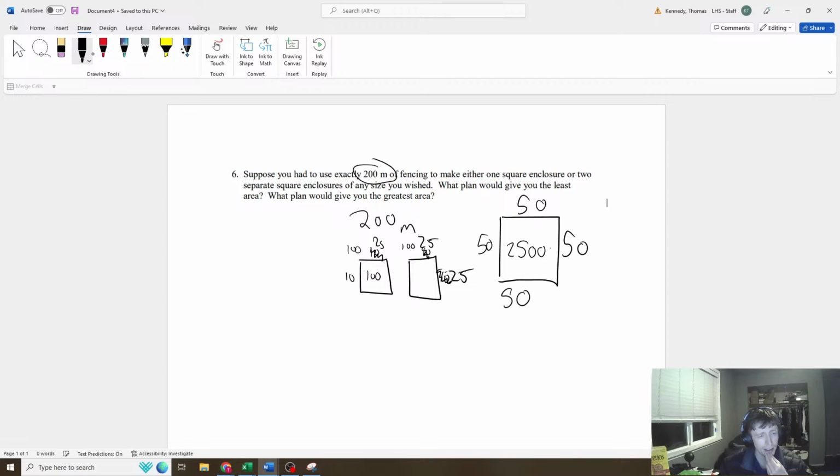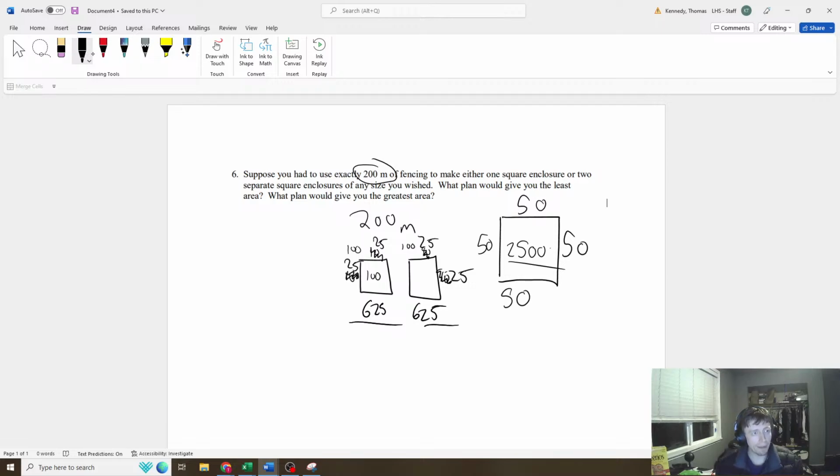That's how we get a perimeter of 100. So each of these would have an area of 625. Yeah, that's clearly a lot less than 2,500. And that is the only way to make squares of the same size.